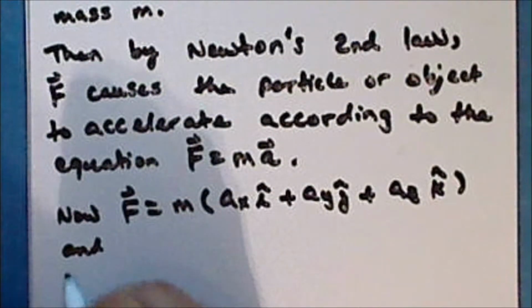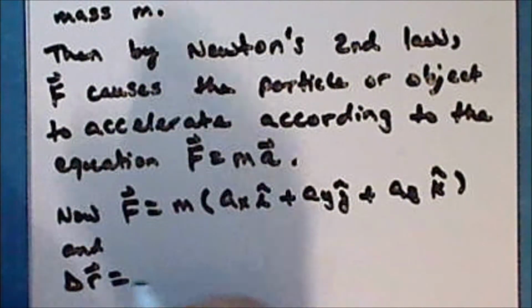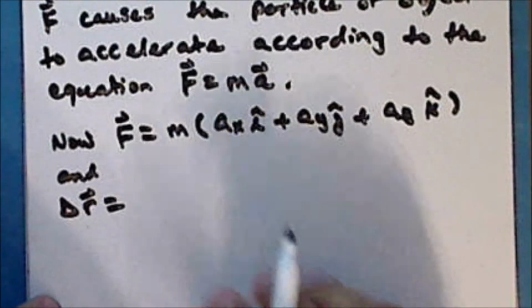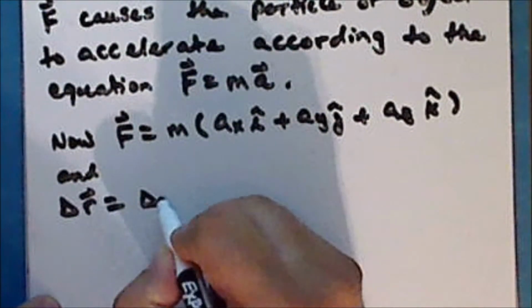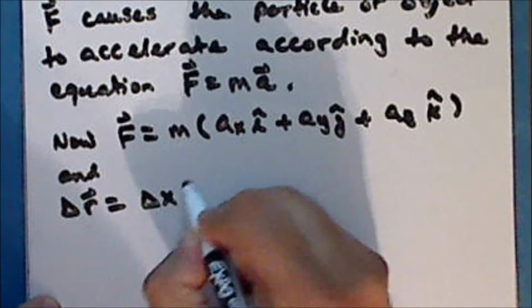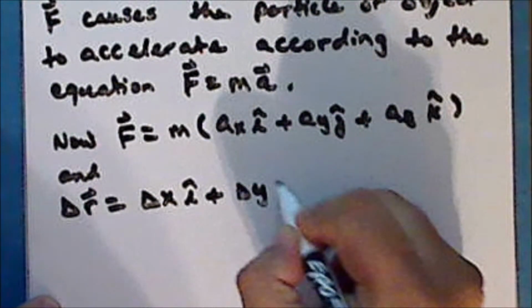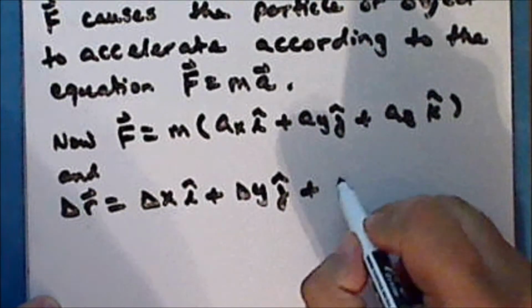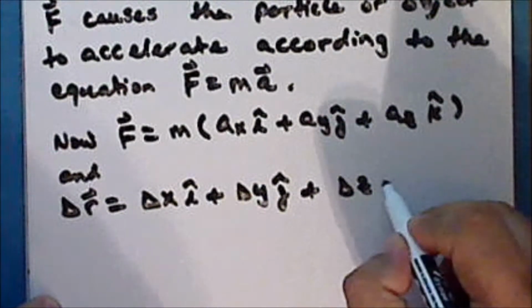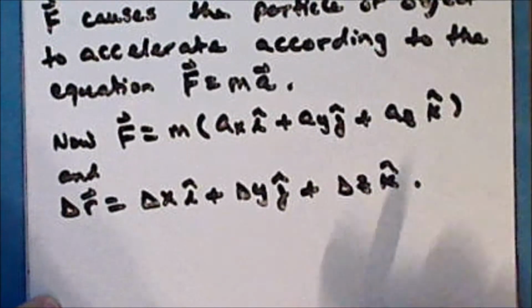And we can also decompose the displacement vector. So we have the change in the x-coordinate times i hat, plus the change in the y-coordinate times j hat, plus the change in the z-coordinate times k hat.